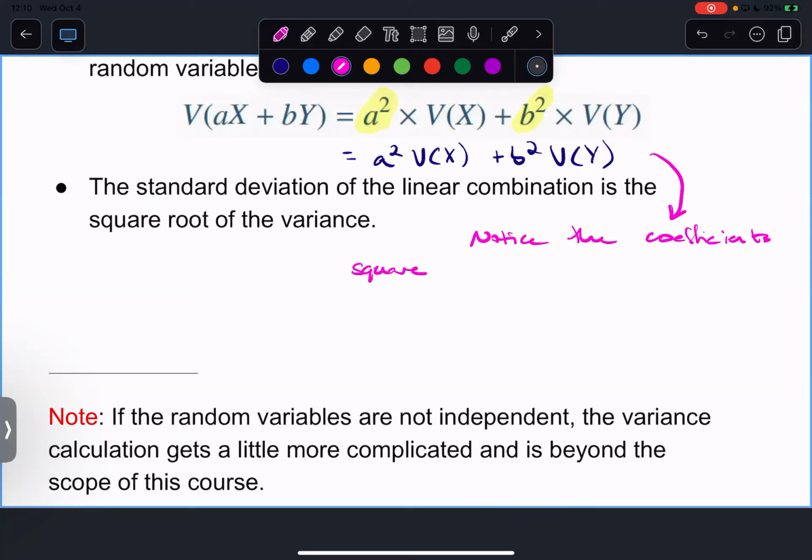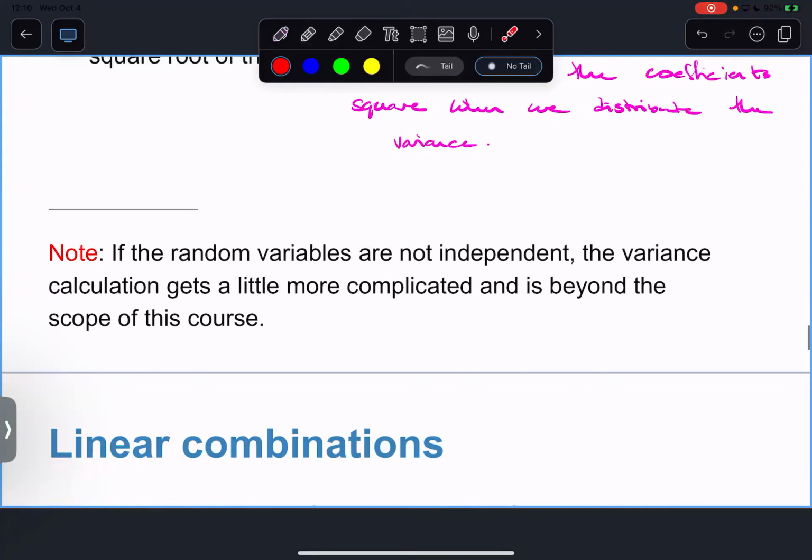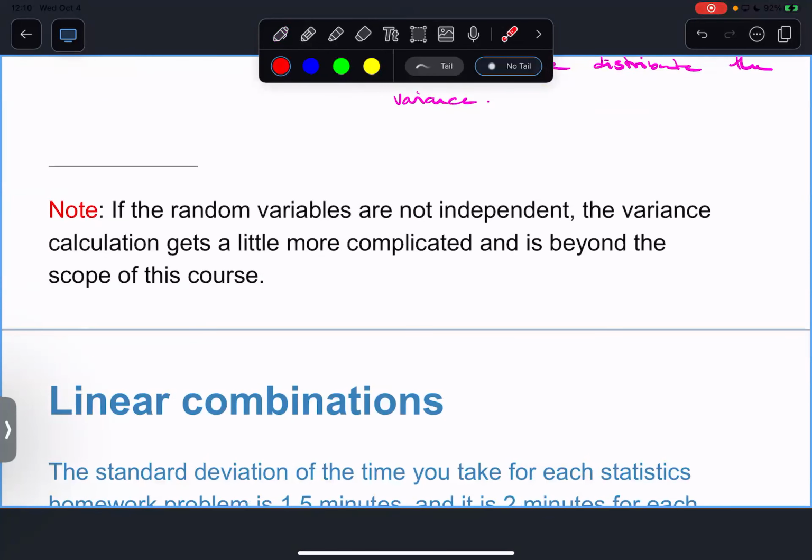The coefficients square when we distribute the variance. Okay. There is a note, but we're definitely not doing that. If the random variables are not independent, then it gets a little bit more complicated and we're not gonna deal with that. But that can happen, but we're just not gonna deal with it.